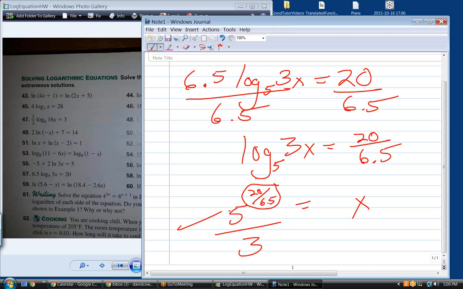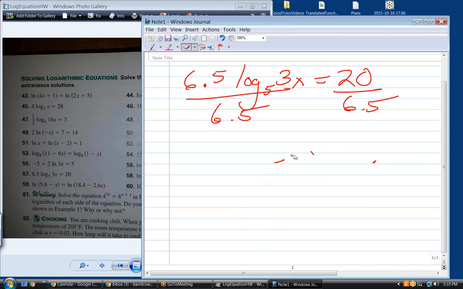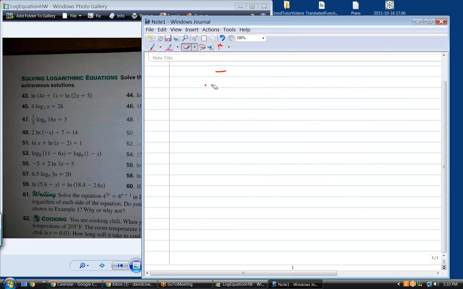But there's your answer. As long as you end up with an answer that you can get out of a calculator, that's what's important. None of these, I suspect, are going to be problems that you can solve without a calculator. And 59.